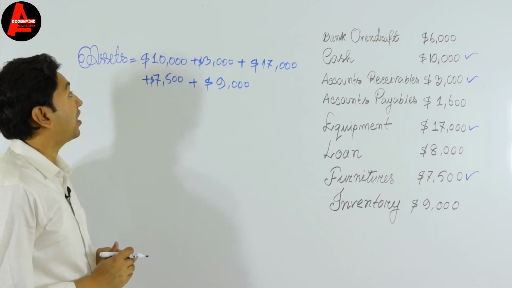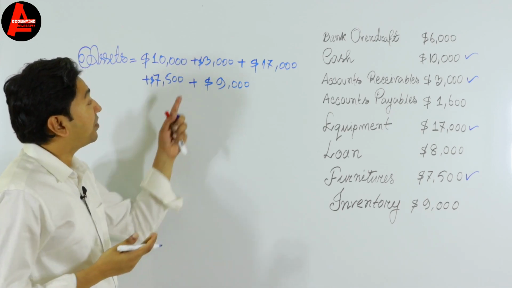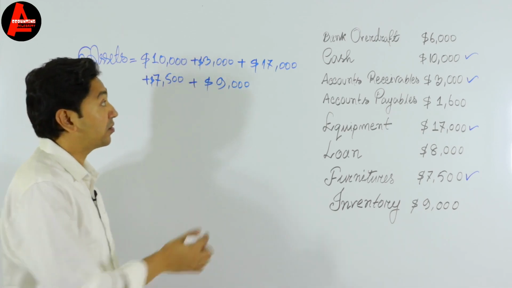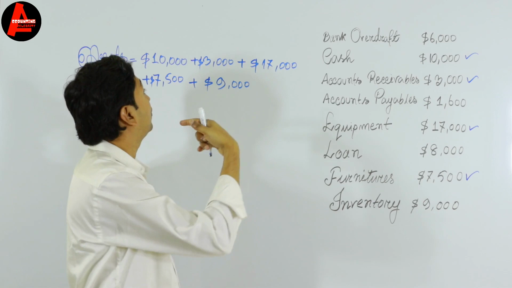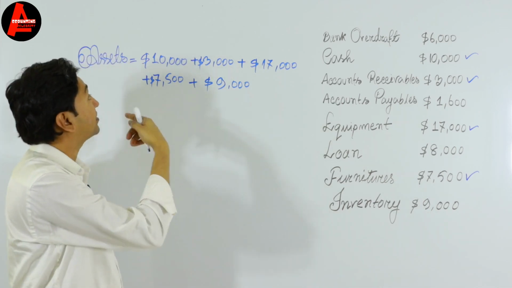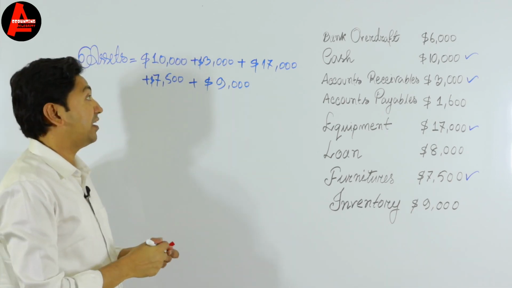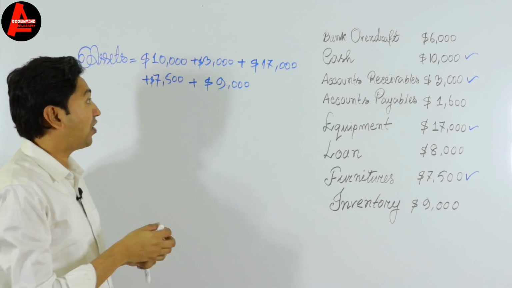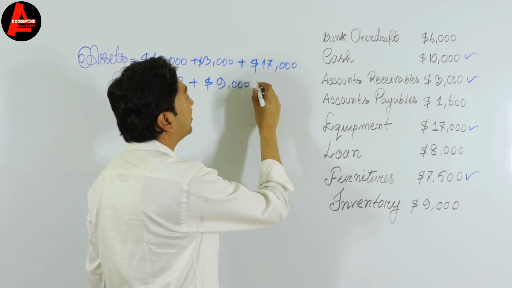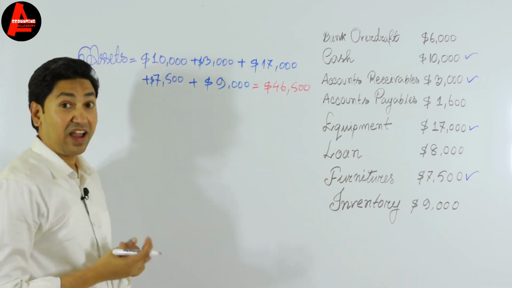Now if we add all these 5 amounts, 10,000 plus 3,000 equal to 13,000 plus 17,000 equal to 30,000 plus 7,500 equal to 37,500 plus 9,000. How much? It is $46,500. This is our total asset.